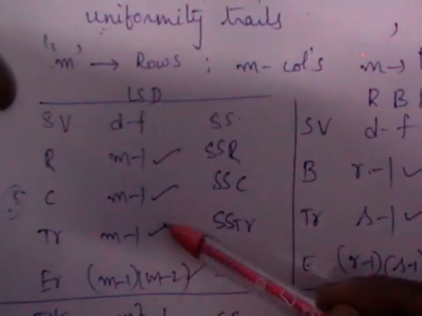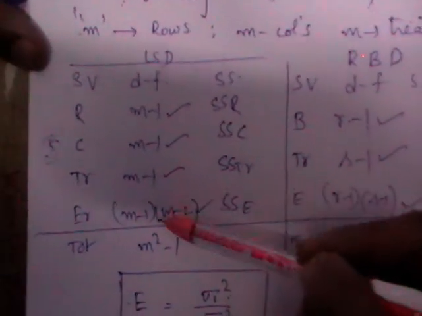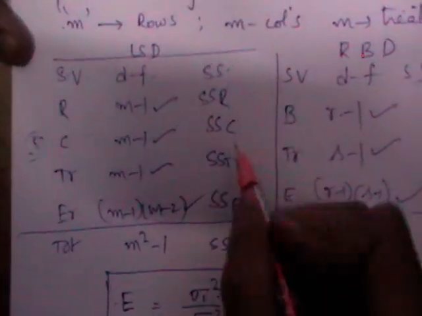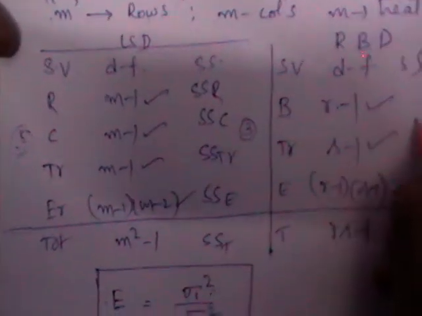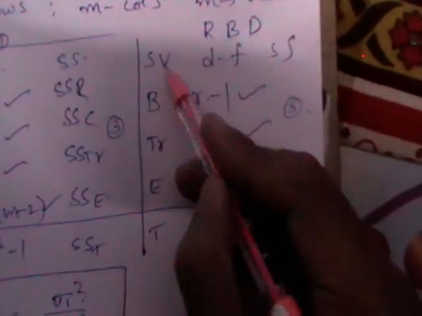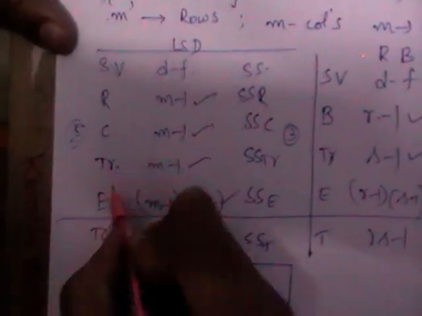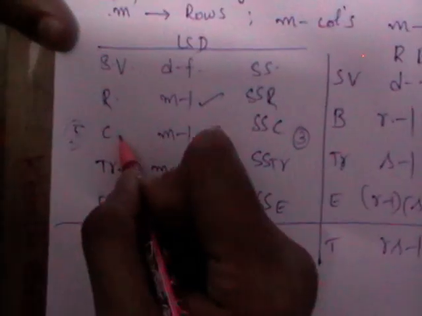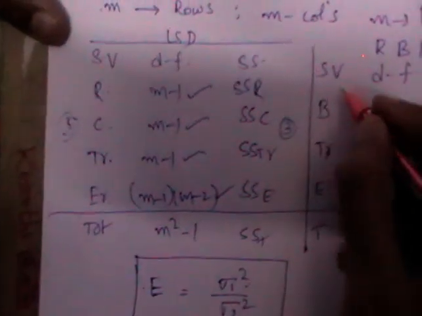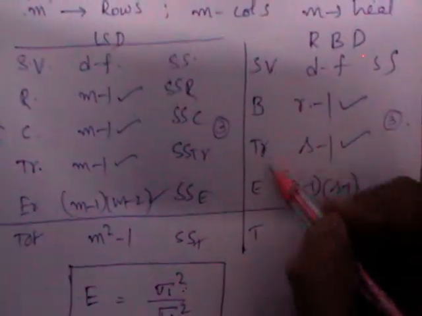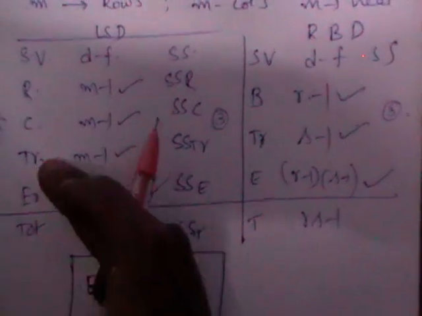So using uniformity trials, you are going to club the treatments with error, so that it becomes three sources of variation in each. Here, if you club treatments with error, you get rows, columns and error. Similarly here, blocks and treatments. These two will be balanced if you club treatments with error degrees of freedom.